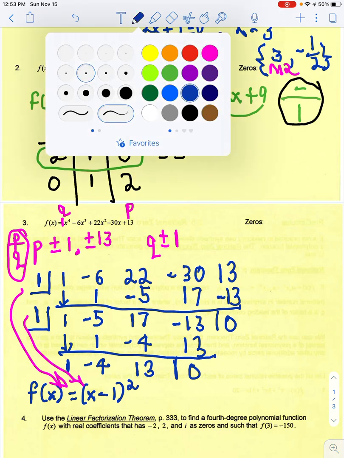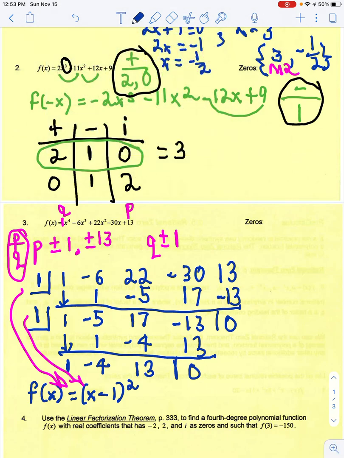And then what results, the first synthetic division took me from a quartic to a cubic, and the second synthetic division took me from a cubic to a quadratic. So this becomes 1x squared minus 4x plus 13, and there's my polynomial.